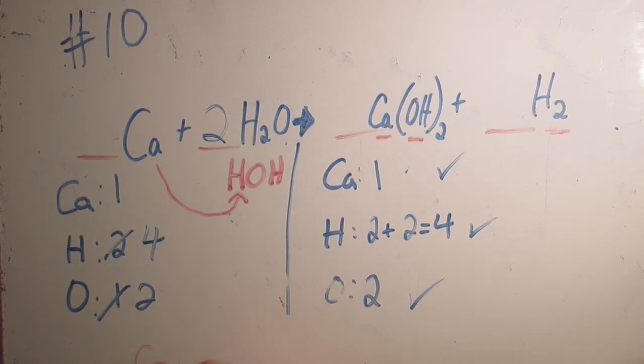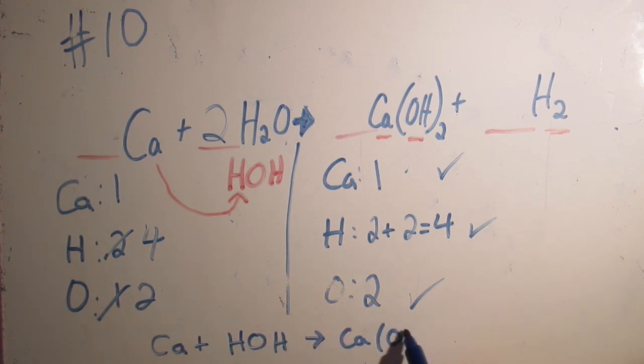So we have calcium. Sorry, this red marker doesn't work very well and it's not in your view, so I'm going to change back to blue. So we have calcium plus HOH goes to Ca(OH)2 plus H2. If I was to balance it, I'd just put that there.